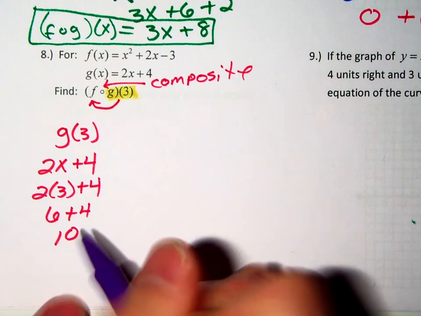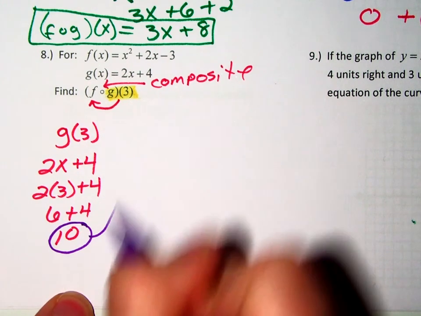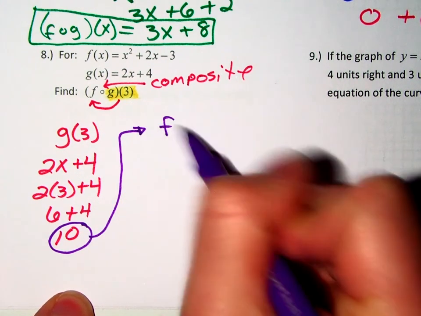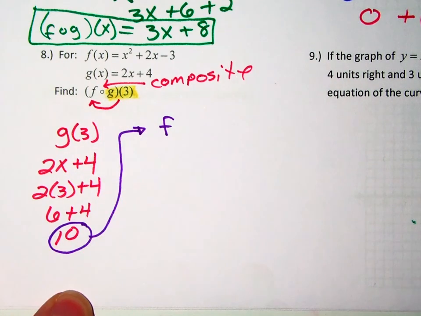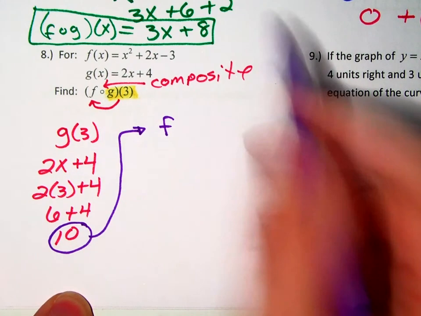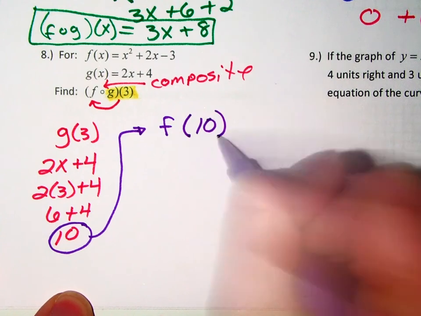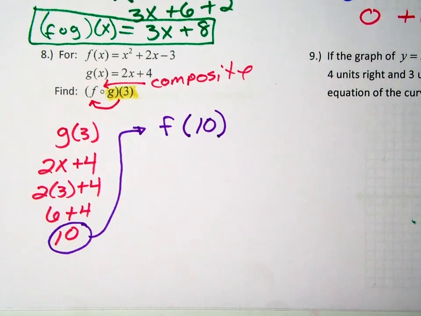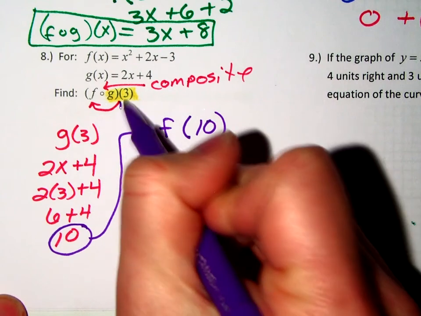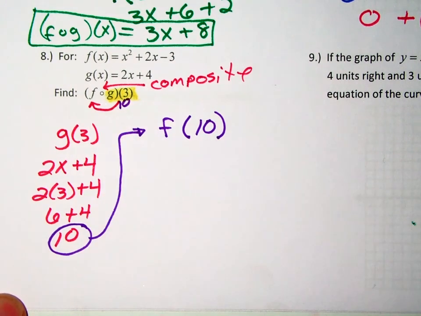Now I need to take this 10 and I need to put it into the f function because once we find this, we're substituting it into f. So I'm not finding f of 3, I'm finding f of 10, because once I found g of 3, that answer gets put into the f. So since g of 3 was 10, 10 is what gets put into the f.